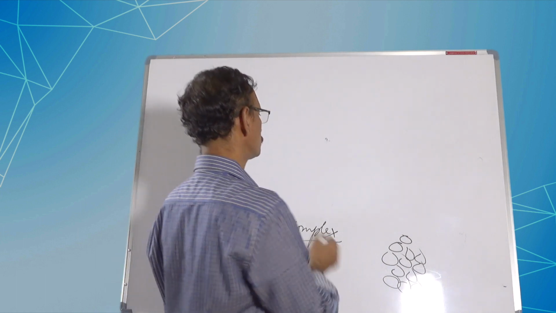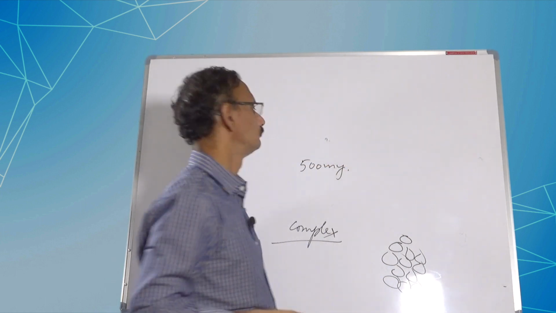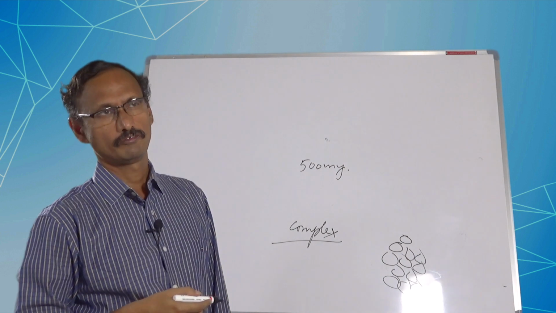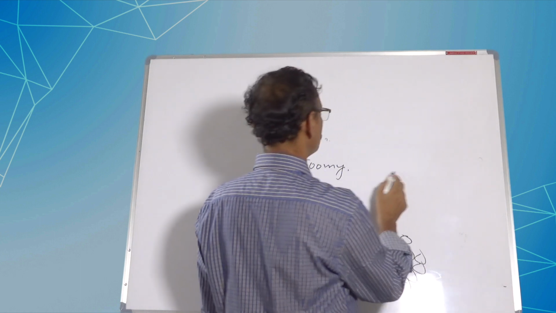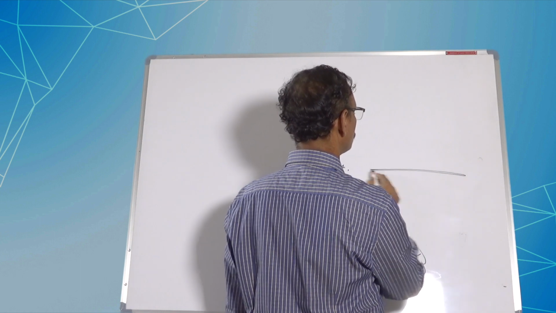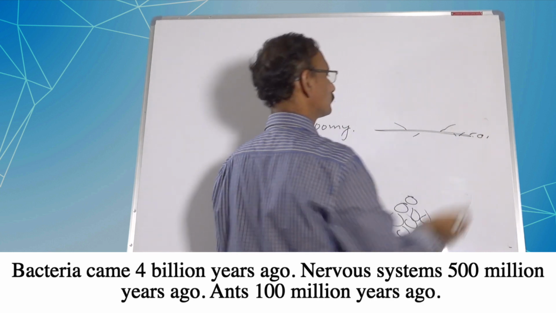But by 500 million years, vertebrates emerge. Something like this.